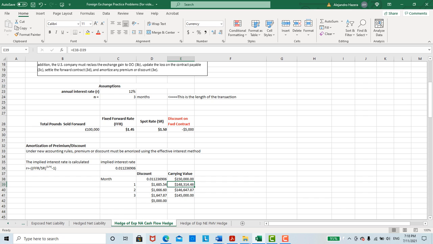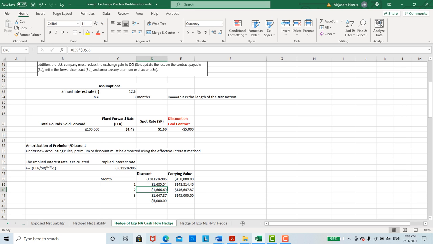And then what you're going to do is take that number times the carrying value. Okay, it comes down. So your amount of discount amortization for each month is just the previous carrying value times the effective interest rate, and then this number here is just the difference.